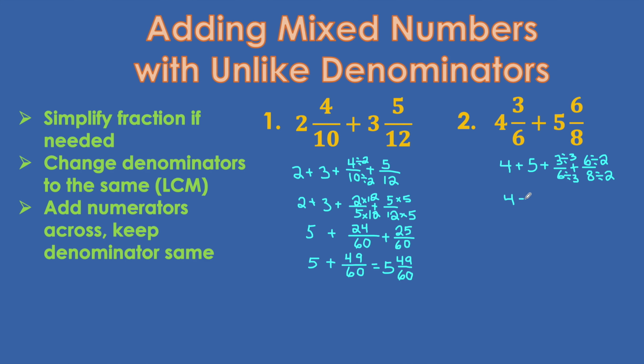So we have 4 plus 5 plus 1 over 2. 3 divided by 3 is 1. 6 divided by 3 is 2. Plus 6 divided by 2 is 3. 8 divided by 2 is 4.